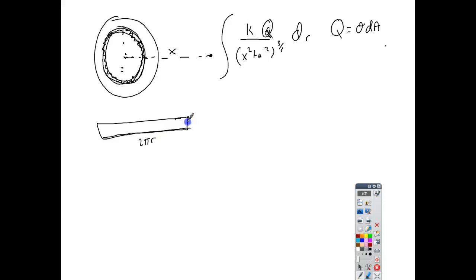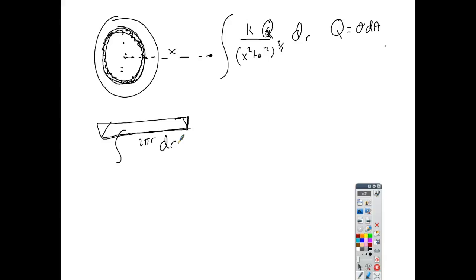And this little piece would be the change in r, which would be dangerous because the r's would be different, which would change my answer. But the smaller I make the change in r, the closer it approaches zero difference between the two. So that would be my area piece of a ring.